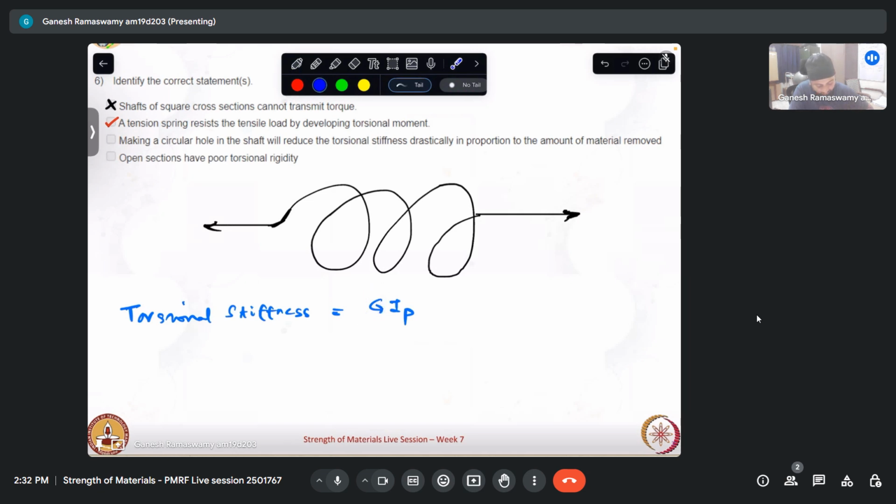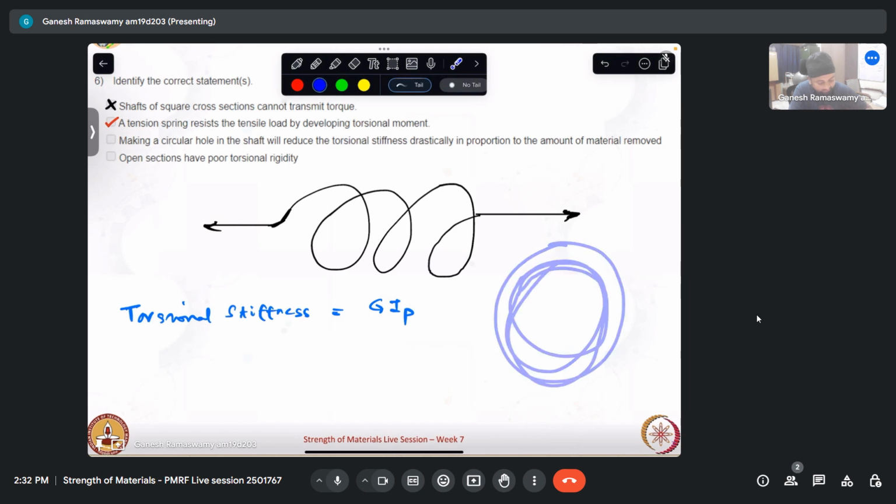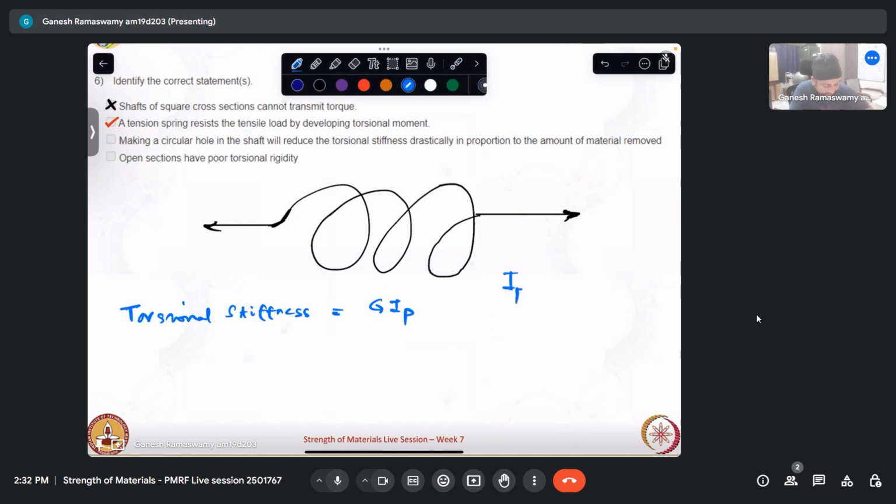When given a material, if we take a circle and then remove some material out of it, we see that IP is nothing but integral r square dA. So the farther away the material from the center with respect to the centroid polar axis, the higher will be our IP. In this case, this is not true. It doesn't drastically reduce like this.